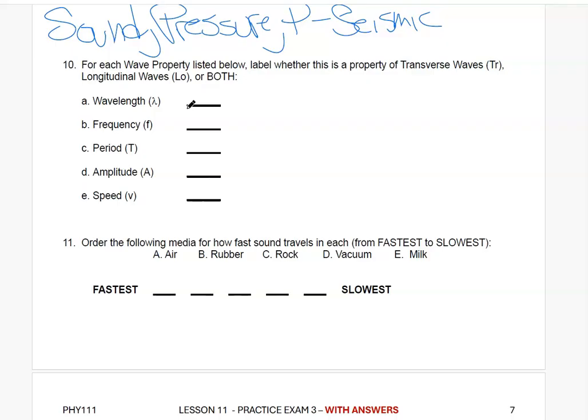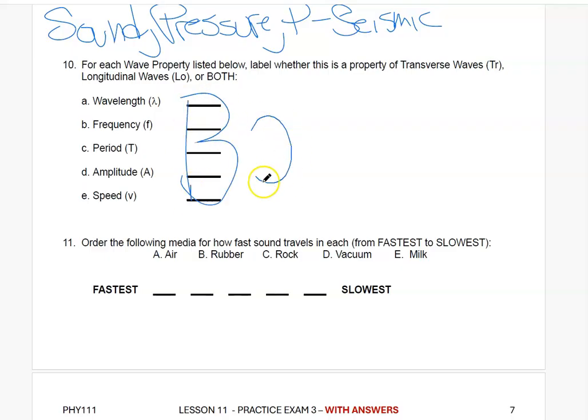And I'm going to make this easy for you. Every type of wave has every one of these properties. All waves have wavelength, frequency, period, amplitude, and speed. Now, these properties tend to be much easier to analyze on transverse waves than on longitudinal waves, but all kinds of waves have all of these properties. So that really makes things simple here.